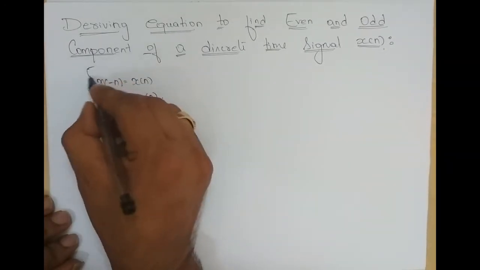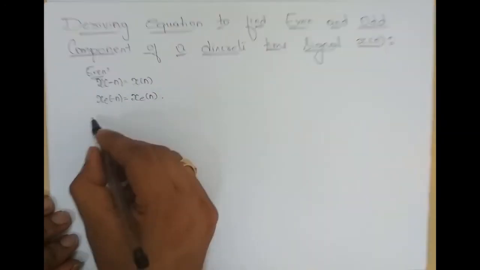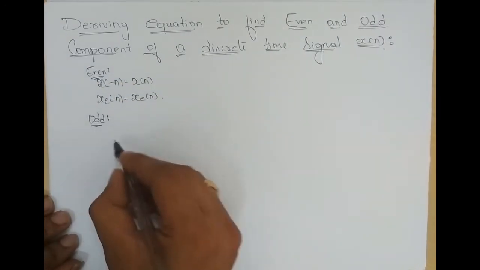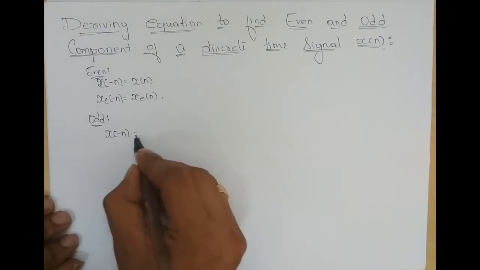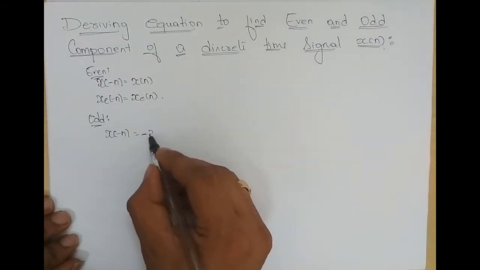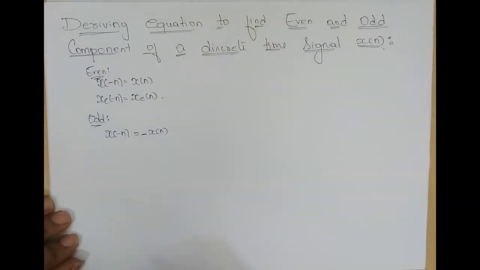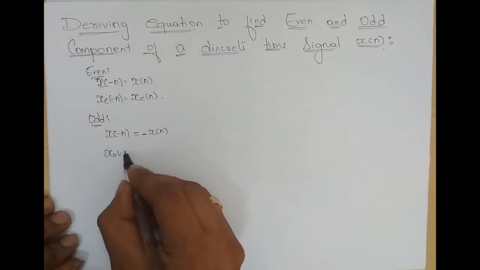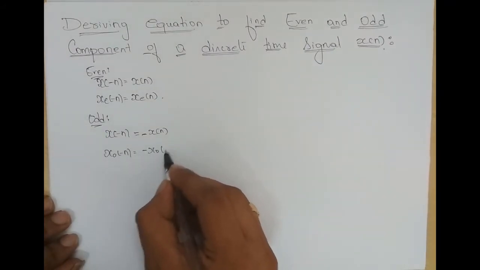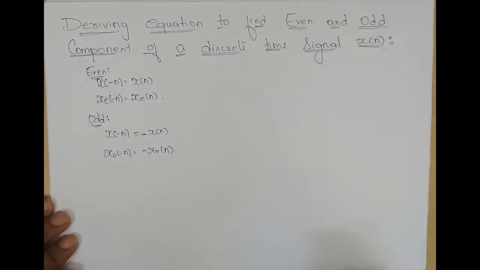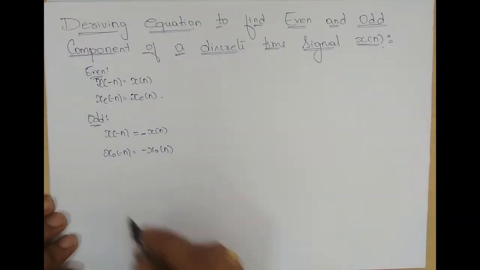Similarly, this is for even, right? And for odd, x of minus n, the amplitude in the negative side of n, is equal to negative of the amplitude in the positive side of n. I can call it as xo of minus n is equal to minus of xo of n, right? Because it's a condition for an odd signal.